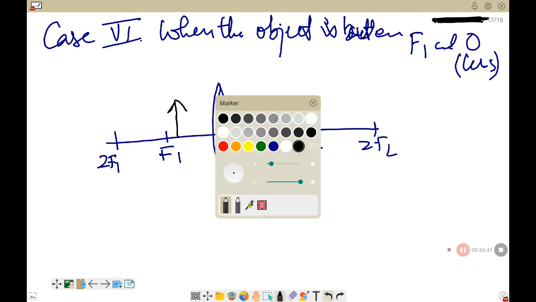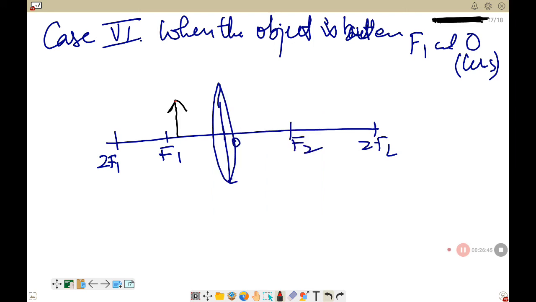Now I'm going to draw two rays from the tip of the object. The ray which is parallel to the principal axis, after refraction, will pass through the second focus.